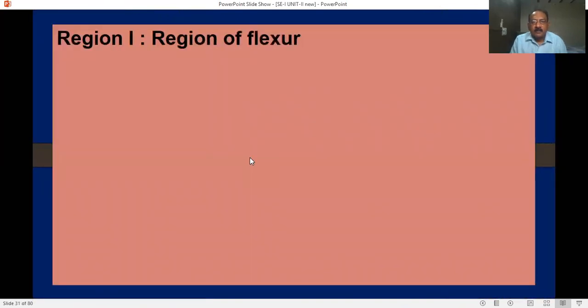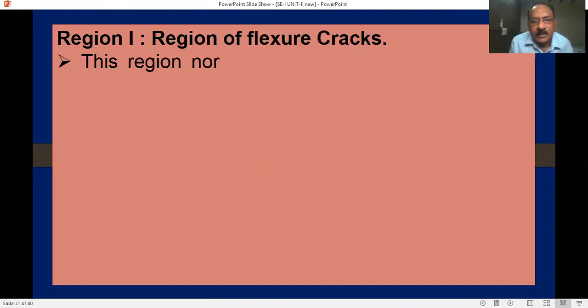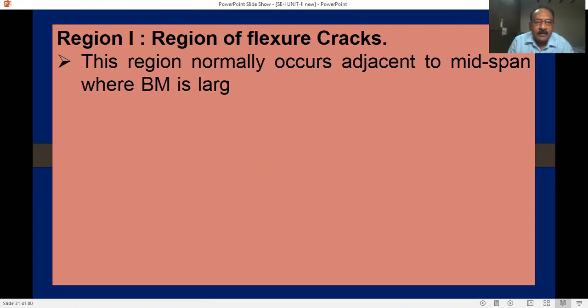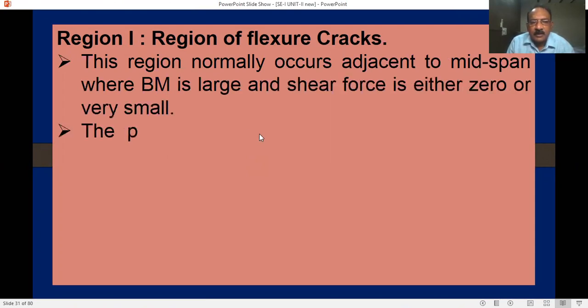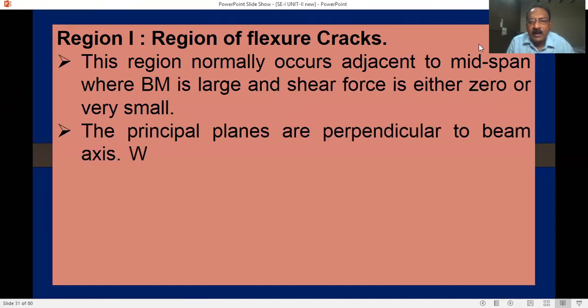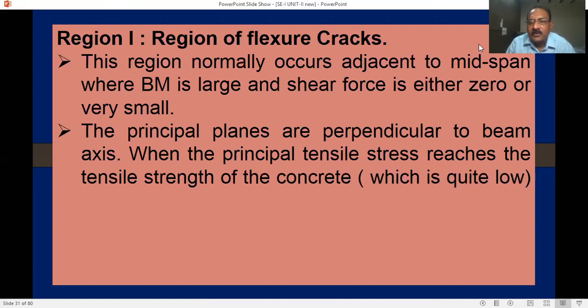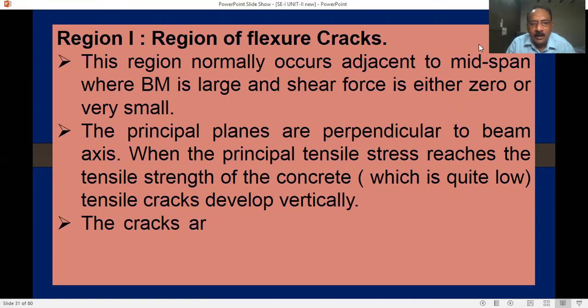In region 1, the region of flexure cracks, this region occurs adjacent to midspan where bending moment is large and shear force is either zero or very small.